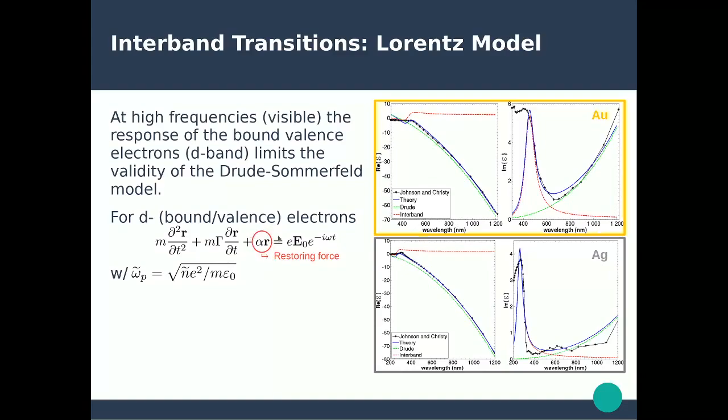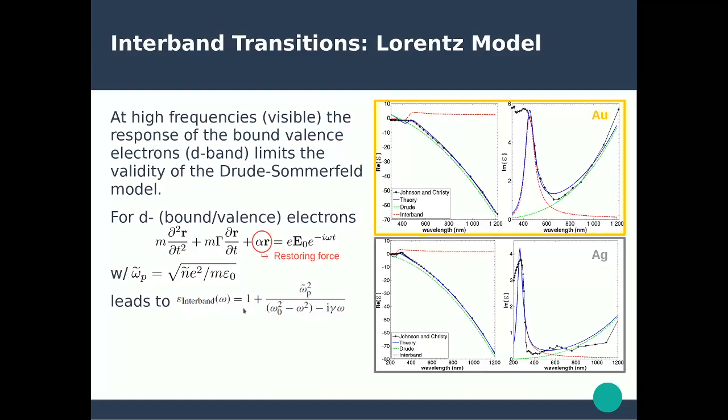for those valence electrons. We now introduce a new bulk plasma frequency type of quantity, which is very similar to what we introduced for the free conduction electrons. And you can solve this the same way, the exact same process as what we've done for the conduction electrons, and that's going to lead to the expression of the dielectric permittivity that will describe the contribution of this interband transition from the valence electrons.